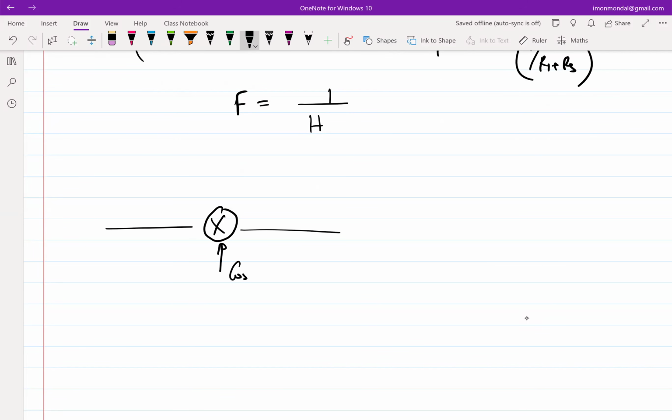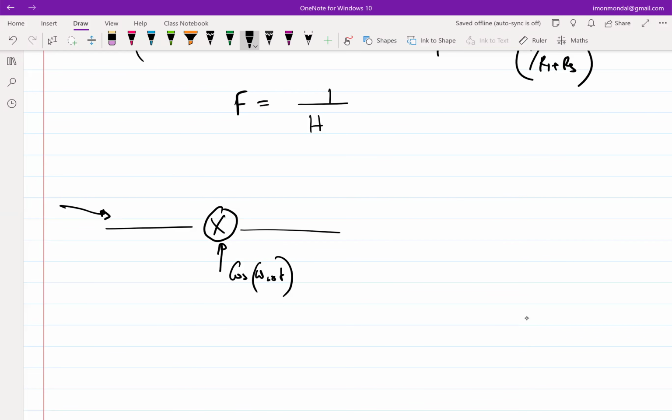So let's say this is cosine omega LOt. Your input is at omega RF and at the image. Why am I calling both an input? Because both of them fall on the same frequency after mixing. One is a desired input, the other is an undesired input, but still it's an input which needs to be taken care of.